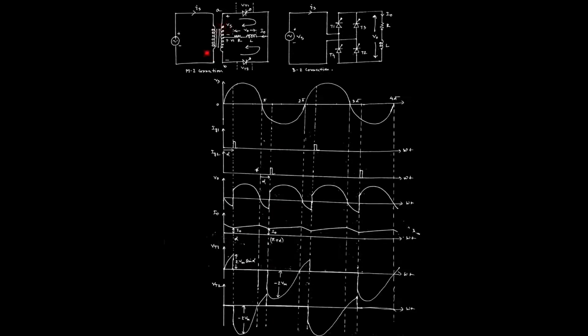In this particular operation, the first thing that is very important to understand is, when one thyristor starts conducting, how much voltage will appear across the second thyristor while it is in off state.